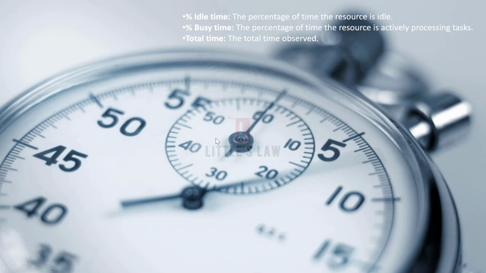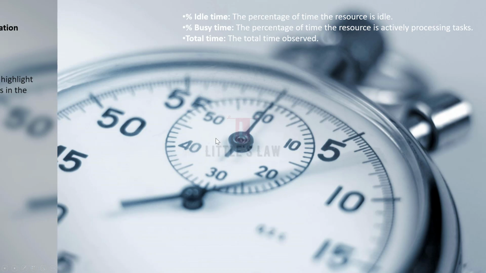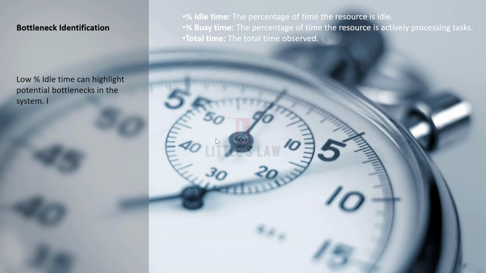The next reason to monitor the percentage idle time is bottleneck identification. Low percentage idle time can highlight potential bottlenecks in the system. If a resource such as the CPU is consistently busy, it may become a limiting factor of the overall system performance.